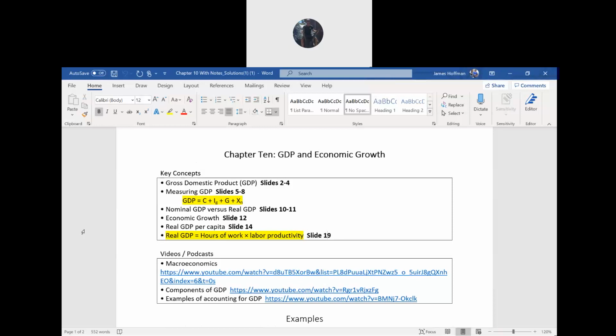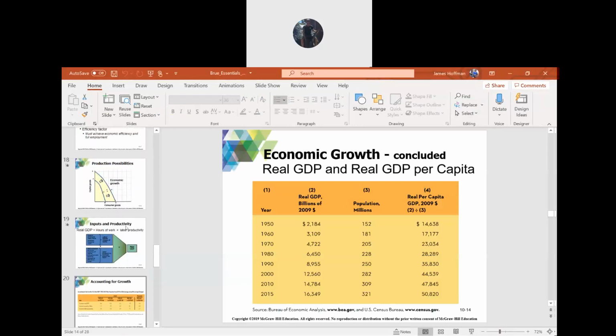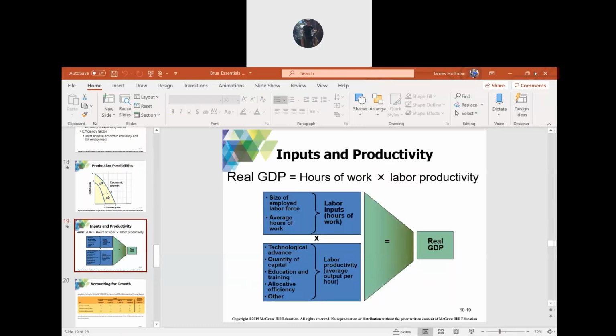If you look at slide 19, it's a pretty simple equation. This shows you that you can isolate GDP into two terms, which are hours of work and labor productivity. The hours of work is the size of the labor force and the average hours of work, so this is essentially the total hours of work for the whole U.S. economy during some period of time, usually a quarter or a month.